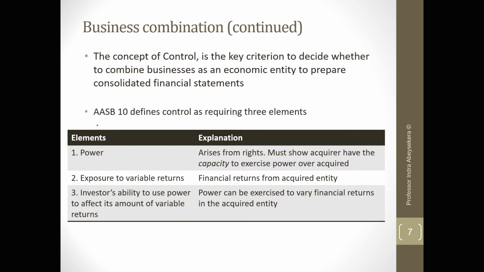And third is investors' ability to use power to affect its amount of variable return, and this power that the parent or the acquiring entity can be exercised to vary financial returns in the acquired entity or the subsidiary. It can exercise those powers by using decision making over operating and financial decisions of the subsidiary.